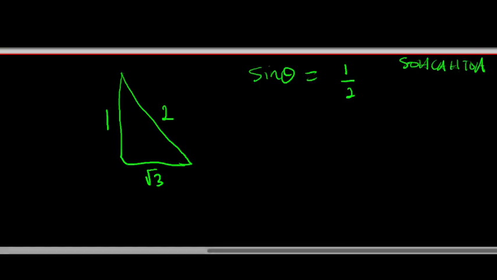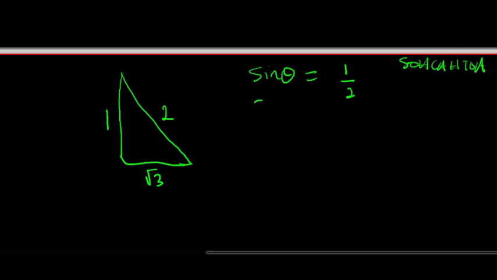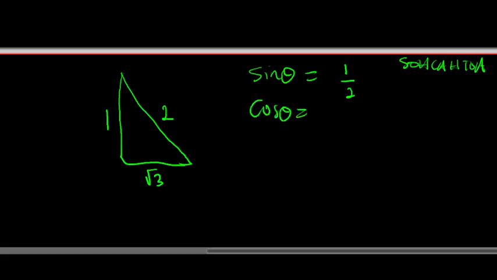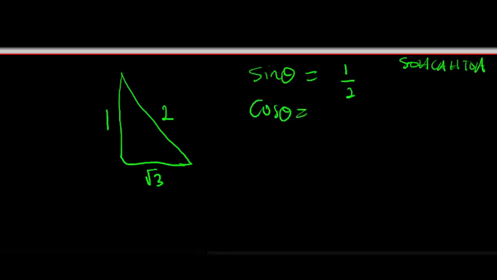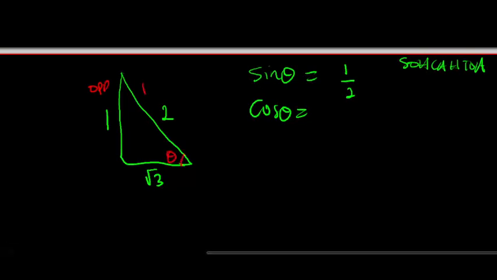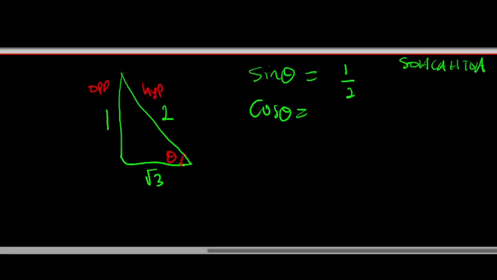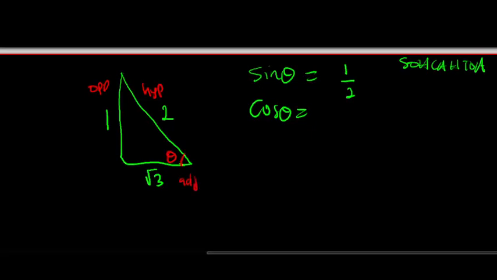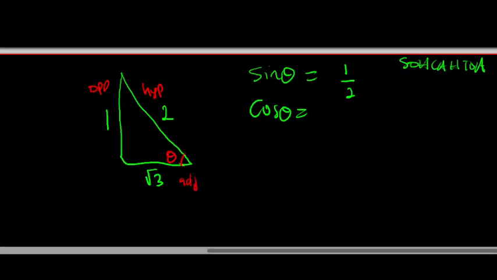So from here now, cos theta is, so this is opposite. This is opposite where my angle is facing. This is hypotenuse and this is adjacent. So we have sin theta to be 1 over 2. We have cos theta.